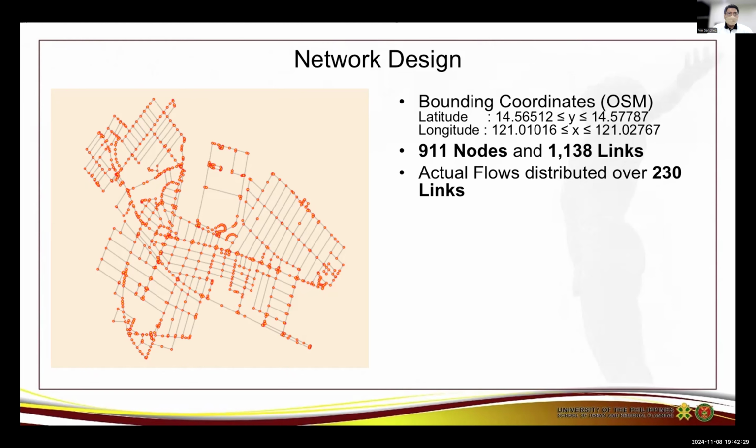This already includes the residential streets. So if we remove the residential streets, the number of nodes and links will be minimized. Much lower. Yeah, much lower. On the residential street or pedestrian street level, you can reduce that network into a much smaller one as you want. Yes, sir.